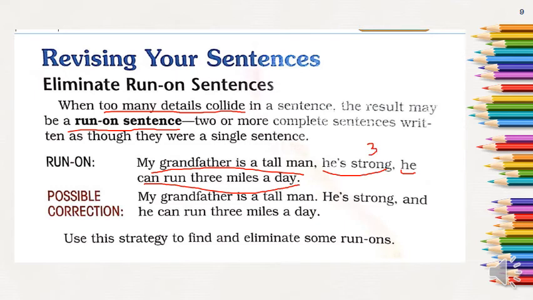The possible correction: my grandfather is a tall man, and then a period. He is strong, and then a comma, to make these 2 sentences a compound sentence, adding a comma in the end, and then he can run 3 miles a day. Use this strategy to find and eliminate some run-ons.